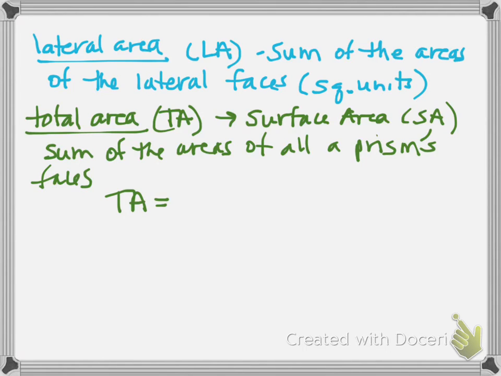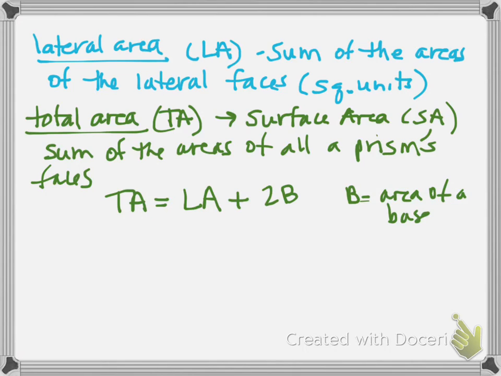It is not a theorem because it's figured that you can use logic to come up with this. And that's total area is the lateral area of your prism plus the area of the two bases. So the big B is the area of a base.